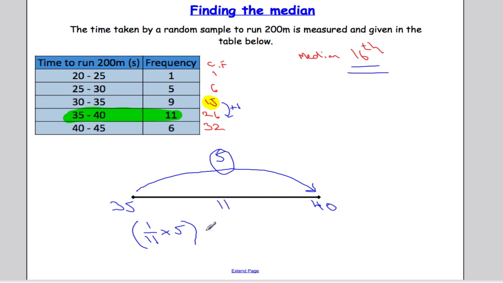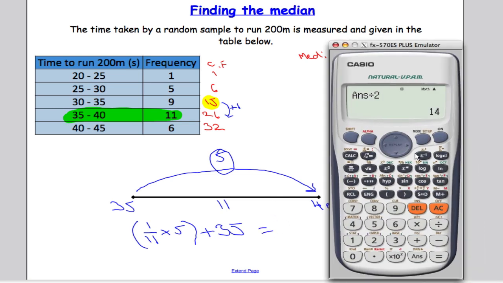And if I add on the lower bound, that will tell me exactly where that median time is. So let's bring up the calculator. I need to do 1 out of 11 times by the class width, which is 5.